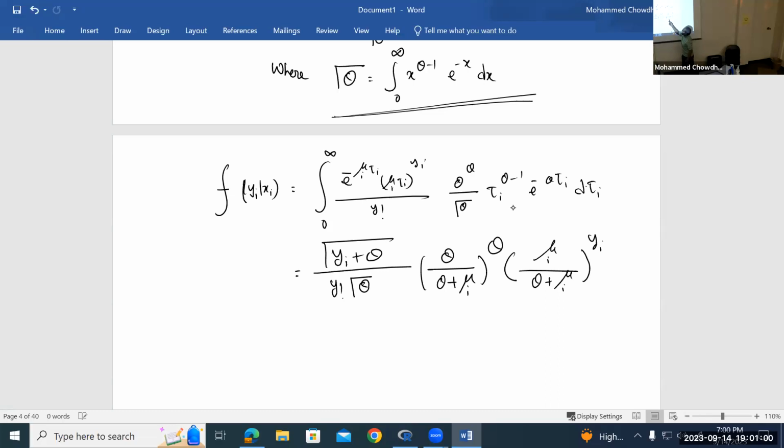Our negative binomial distribution is P to the power R, Q to the power X. If P equals theta over theta plus mu_i, then Q equals 1 minus P, which is 1 minus theta over theta plus mu_i, so you get mu_i over theta plus mu_i. This is P, that is Q here. So we understand P and Q are obtained.